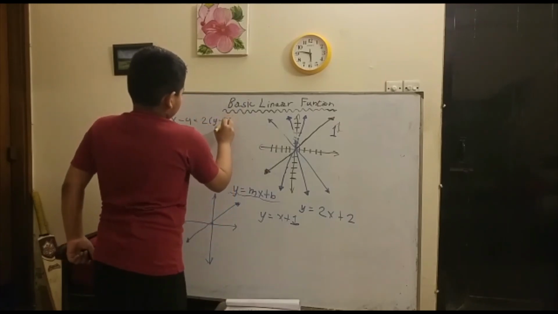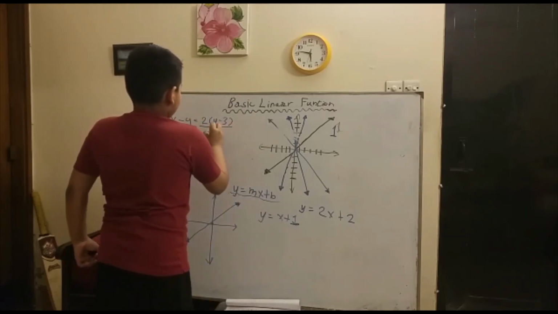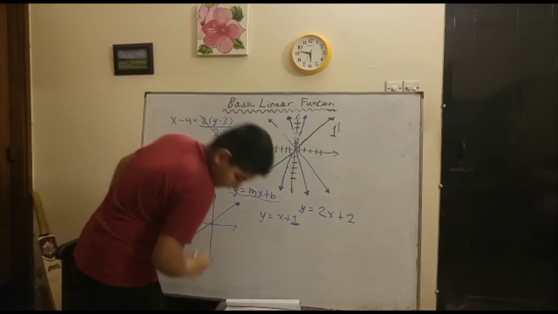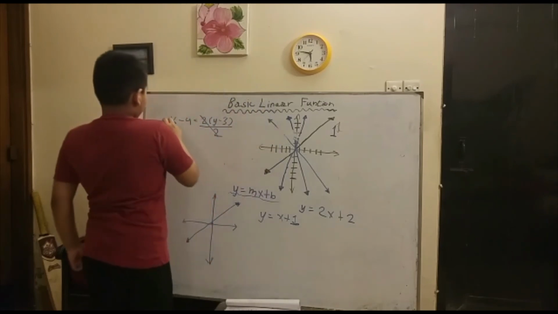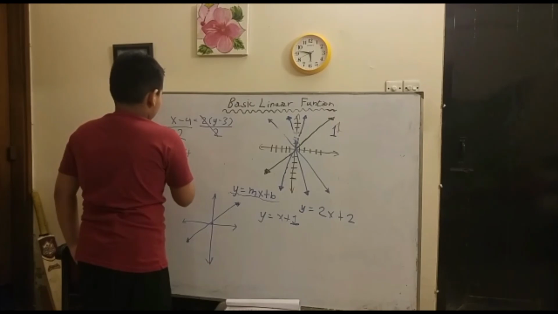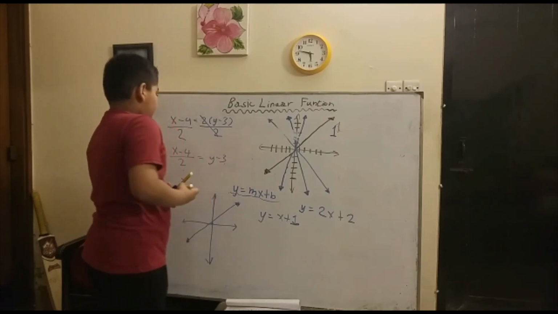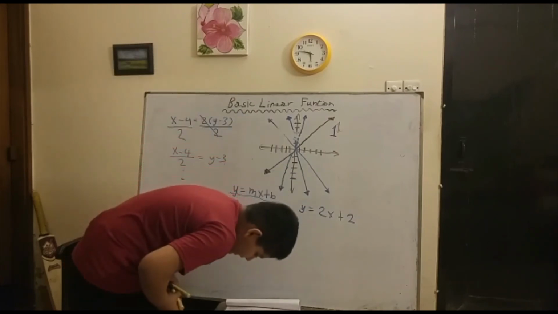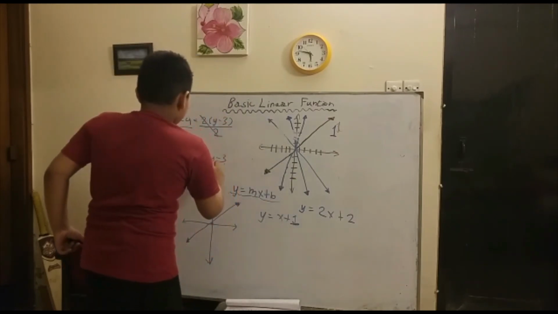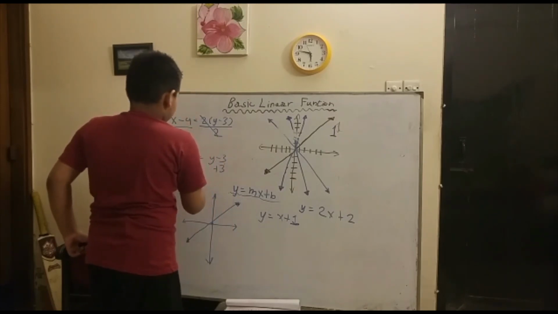What I can do is divide by 2 from both sides, and then I get x minus 4 over 2 equals y minus 3. Then what we can do is add the 3 on both sides.